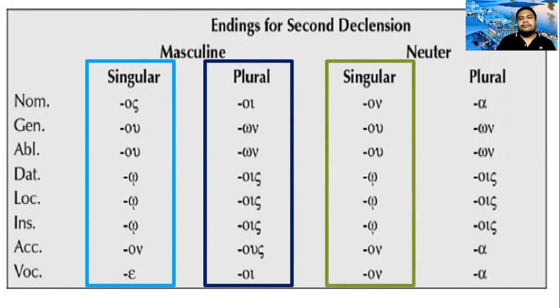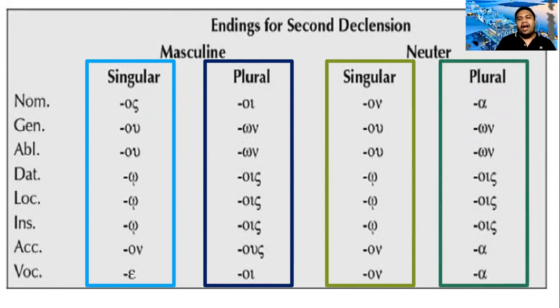Let's read all together. On, o, o, on. Very good. And finally, the plural. A, on, ois, a. So those are the endings of the masculine and the neuter forms.